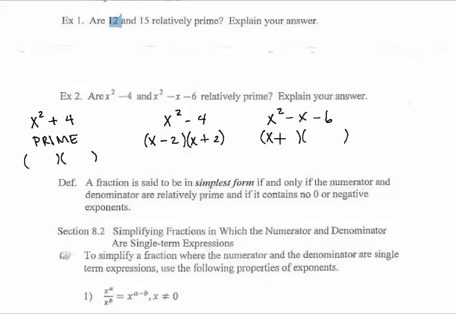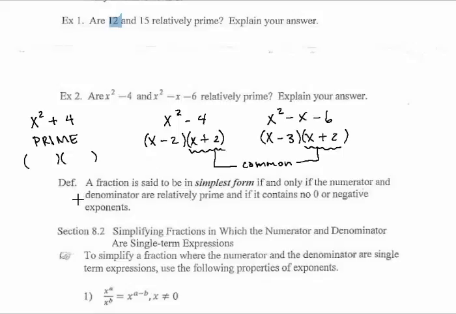So we write x minus 3 and x plus 2. And so we see that when we compare their factors, they share a common factor. So when we compare these two polynomials, we say that they are not relatively prime. They share a common factor, x plus 2.